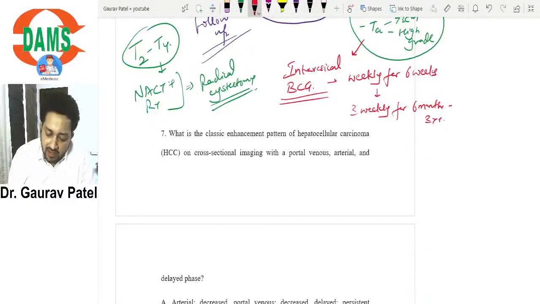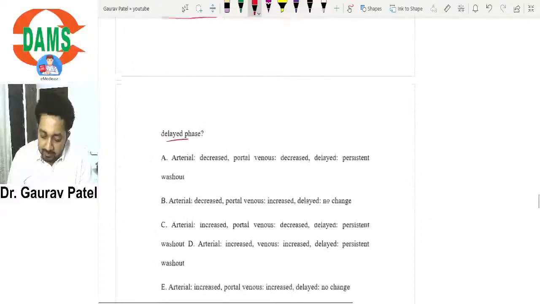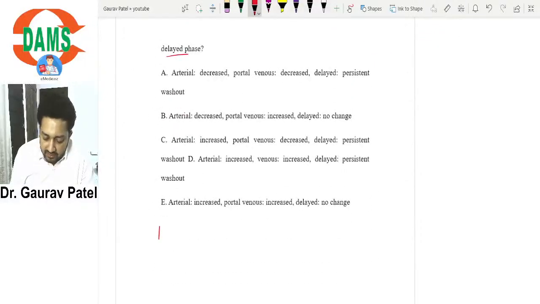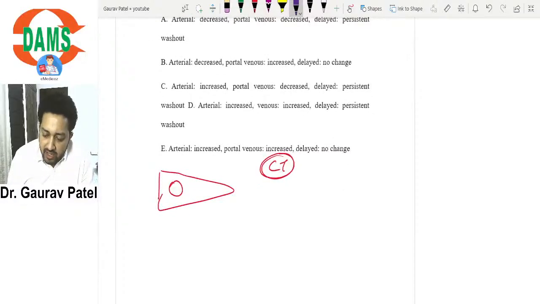What is the classic enhancement pattern of hepatocellular carcinoma on cross-sectional imaging with a portal venous, arterial and delayed phase? See, suppose this is a hepatocellular carcinoma on CT. Some people say triple phase CT, few people call it 4 phase.